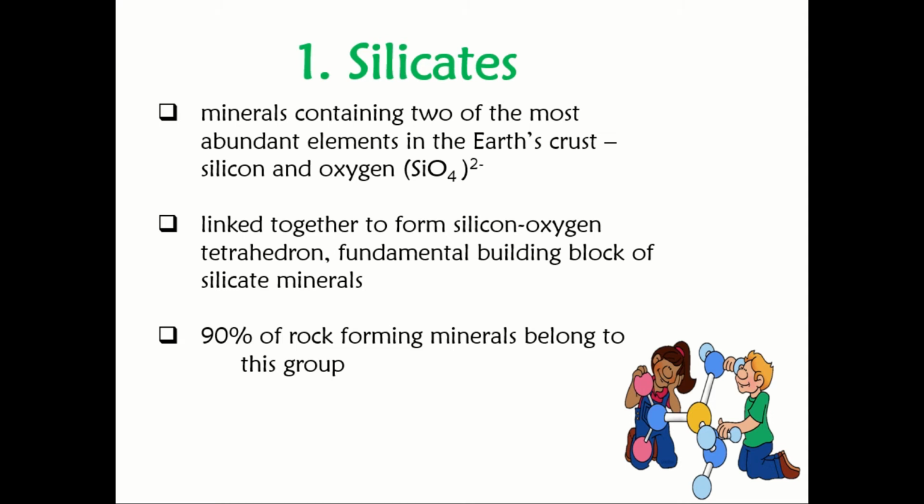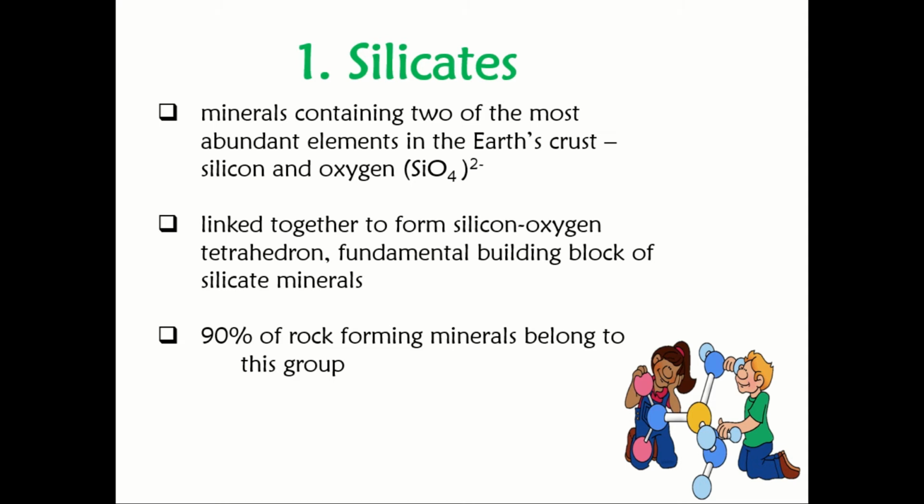Imagine, these are two of the most abundant elements of our Earth's crust, and 90% of the rock-forming minerals na natatagpuan sa ating Earth's crust belong to this group. So this is our first chemical group, which is silicates.